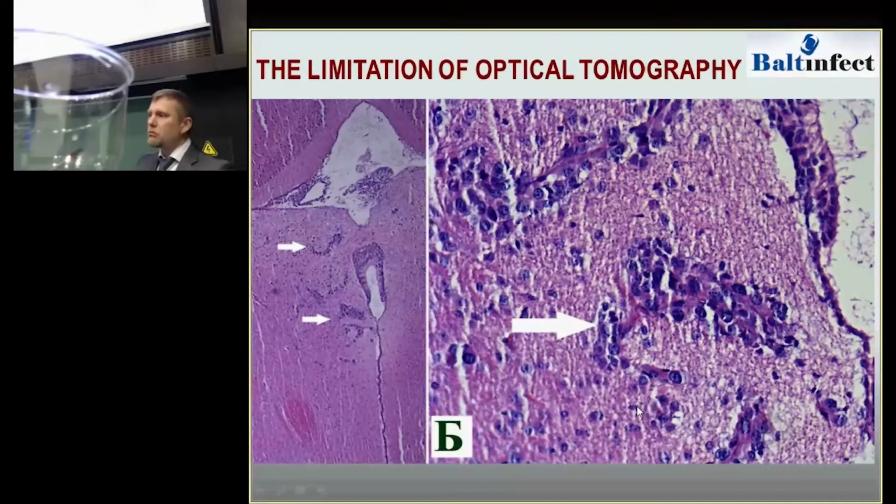In this slice maybe 50 cells. So it's rather small metastasis. So we couldn't, of course, detect such small metastasis using our bioluminescent detection. So it's the limitation of optical tomography.